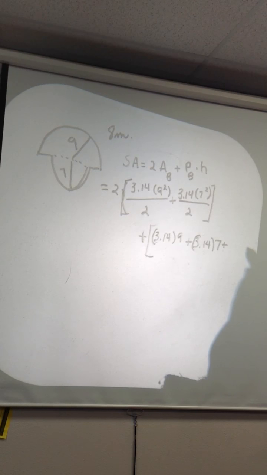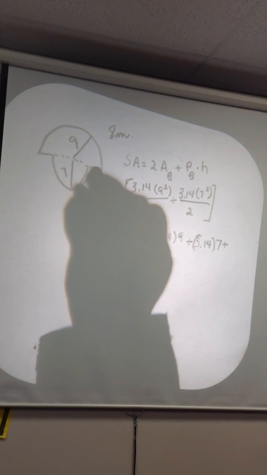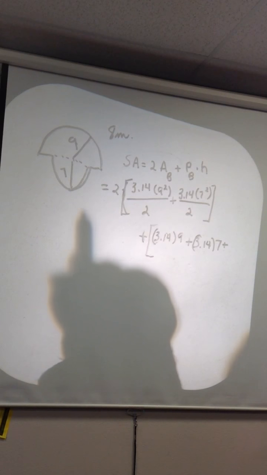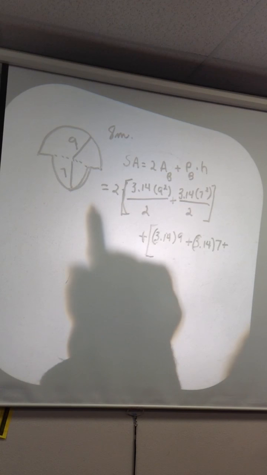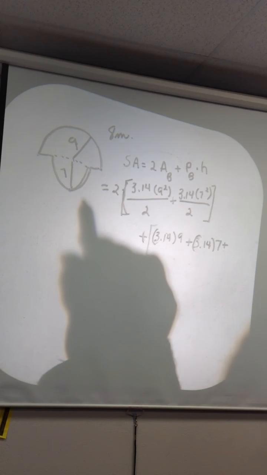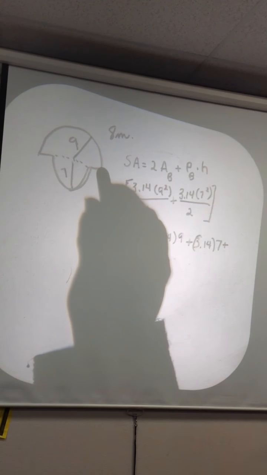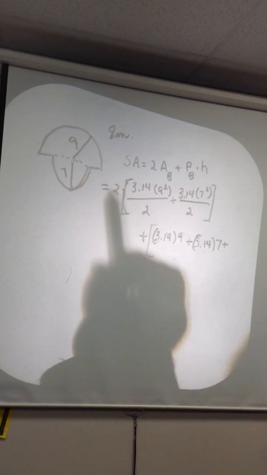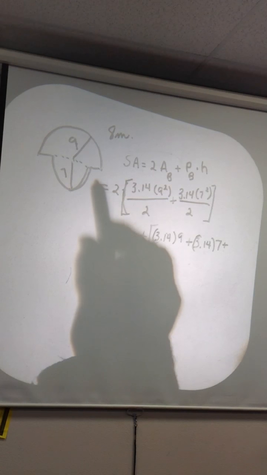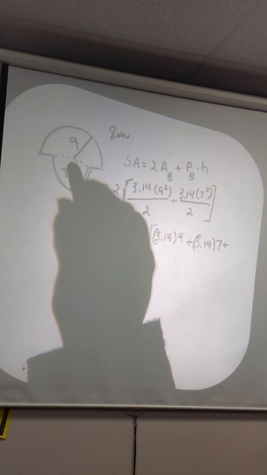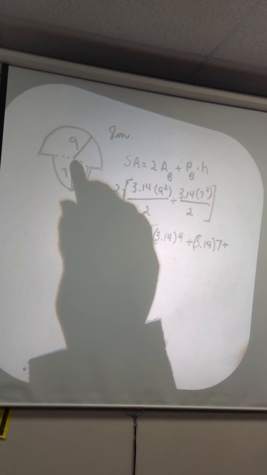We have to add the 2 sides right there. How far is it from here to there? How can we find it? The distance from here to here is how much? How much, Bradley? 9. And the distance from here to here is how much? 7.